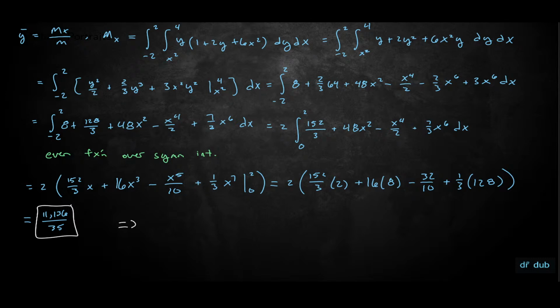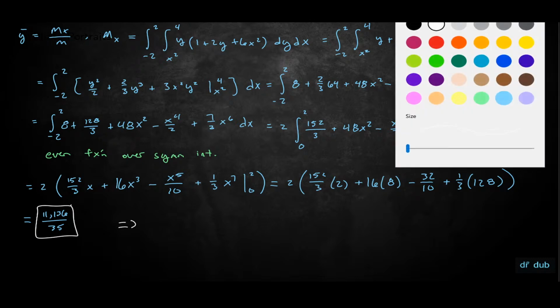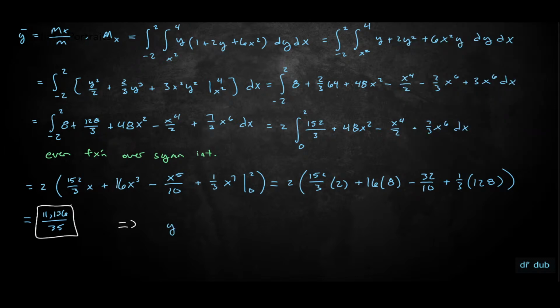So then from here we get y bar equal to 11,136 over 35 times 1 over m, which would equal 11,136 over 35 times the reciprocal of m, which is 15 over 1696.